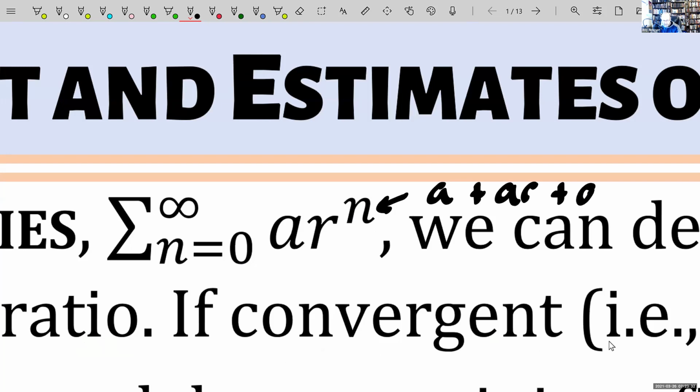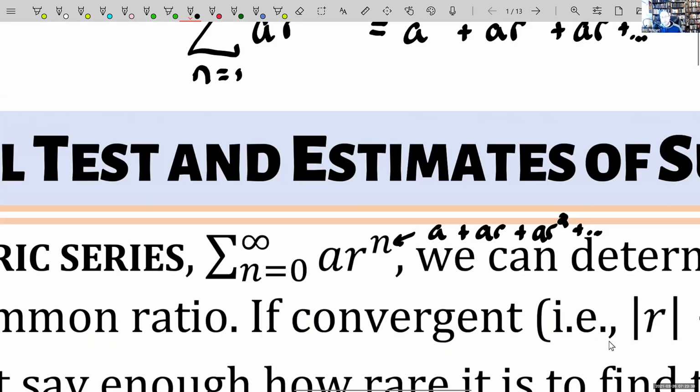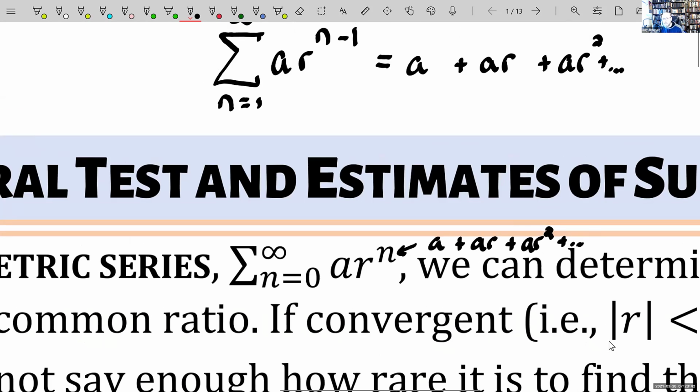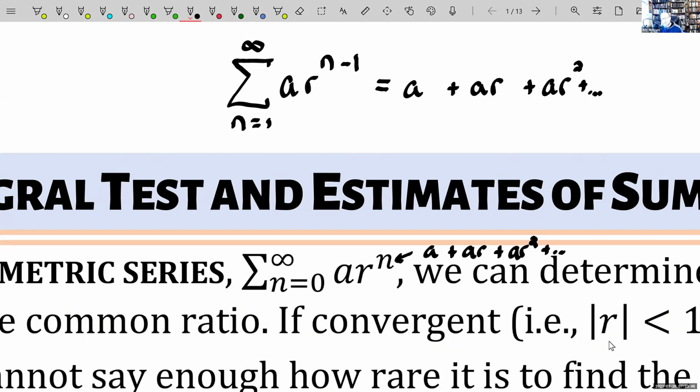So you can see that it is actually the same series, just indexed differently than the series that you're used to. I strongly prefer the notation down below, n equals 0 to infinity. It matches my brain a little better, but the idea is the same in both cases. The very first term in your expansion should have a power of 0 on your common ratio.